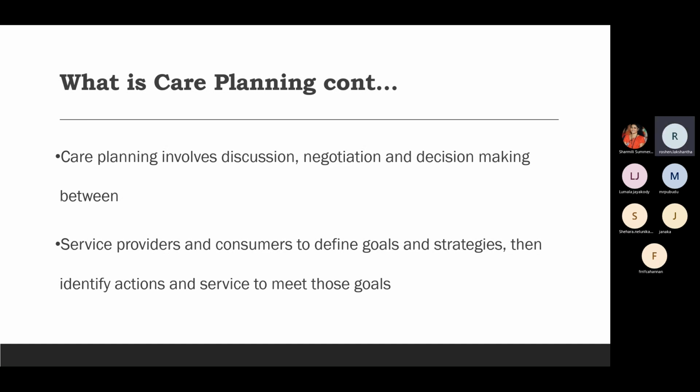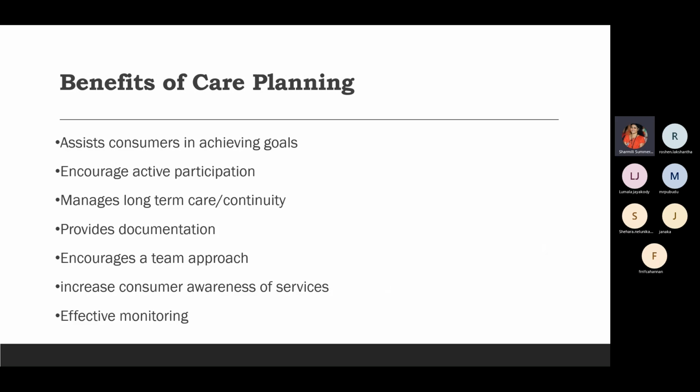No, Miss. Okay. Now we'll see the benefits or the advantages of having this planning of the care, right? Assist the consumers in achieving the goals, consumers or the patients. It will help the patients or the care receivers in order to achieve the formulated goals.